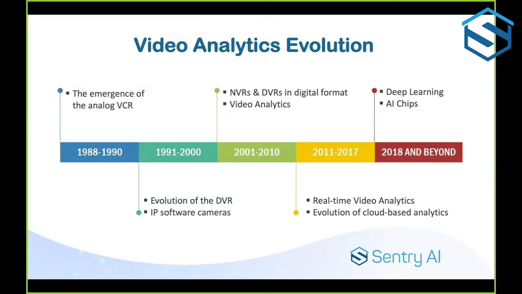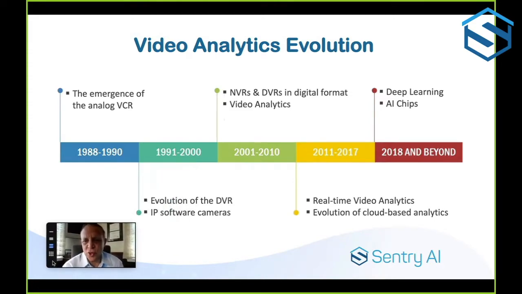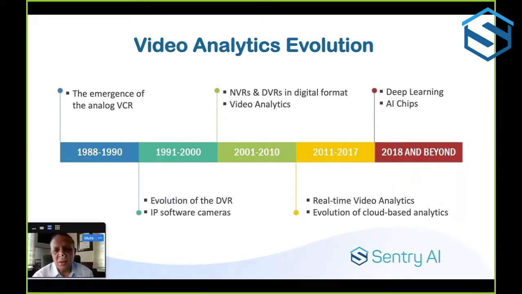That technology, both the software technologies, which are deep learning, and I'll talk about it on a future slide, as well as the hardware necessary for it, was not available until about 2018 or so. And in fact, I would say it's only about this year that the reality of AI video analytics is coming and making it commercially viable.